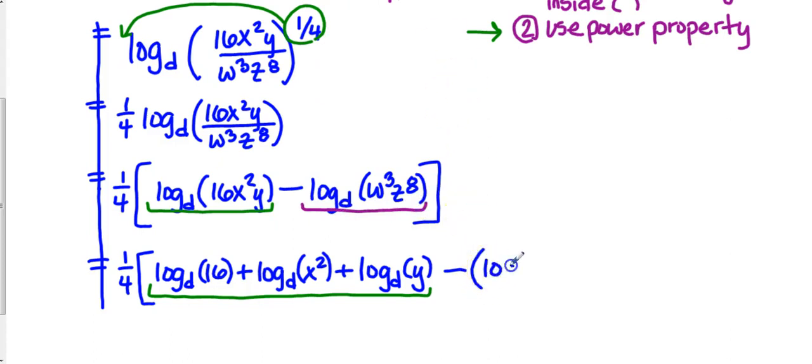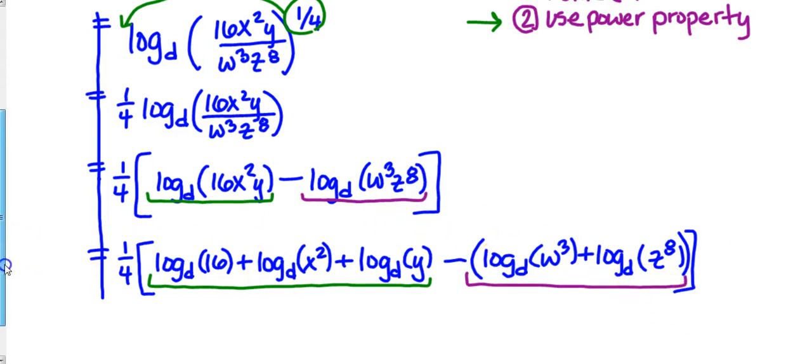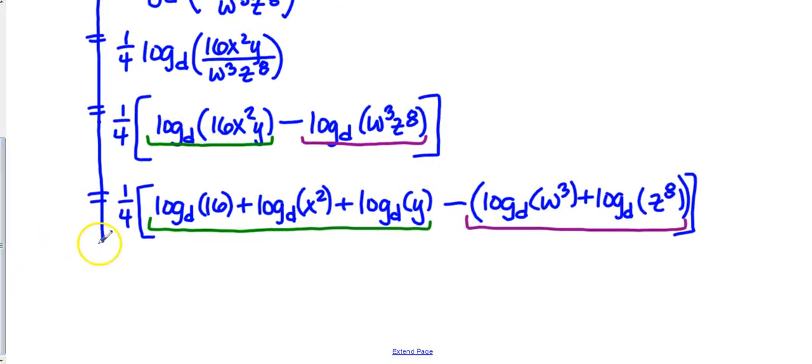So that will be, in parentheses, log base d of w cubed plus log base d of z to the 8th. And now I'll close my bracket. So I just expanded that into this. From here, we're really using our algebra skills and maybe one more property, we'll see. 1/4 is still on the outside.